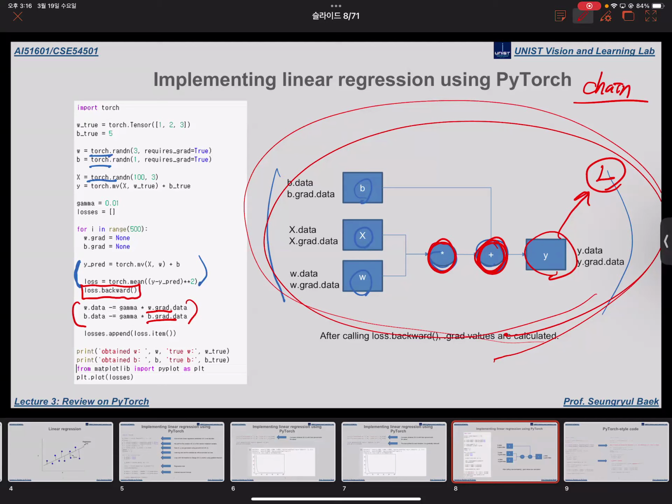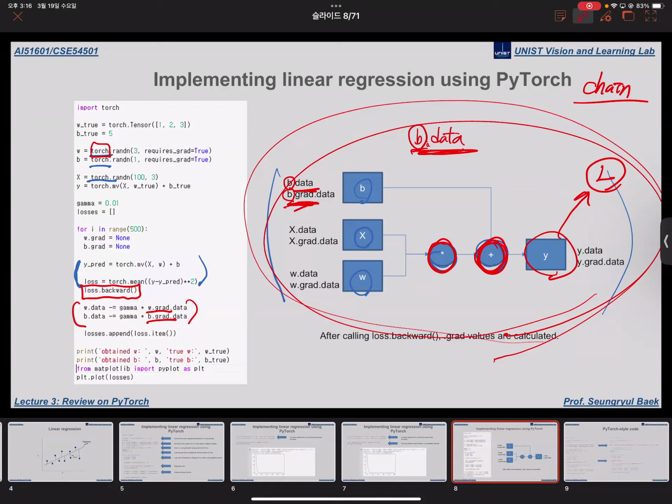Okay, and another important thing you have to note here is when you are initializing some of the variables with the PyTorch type variable, there are actually two instance values. I mean, b.data has the actual value for this variable b. If you want to access its value, then you can access b.data.